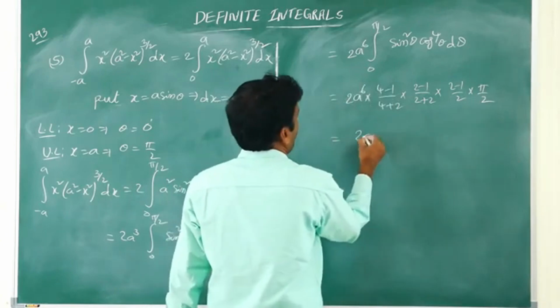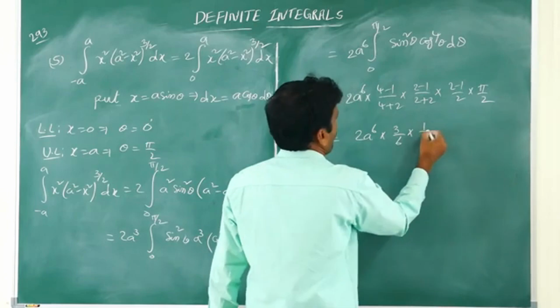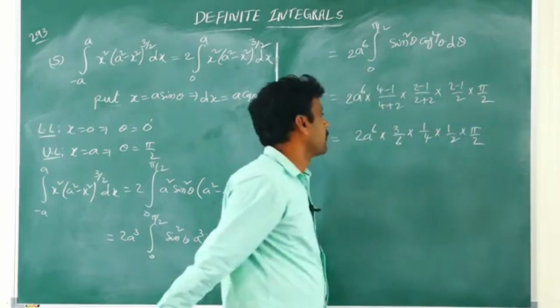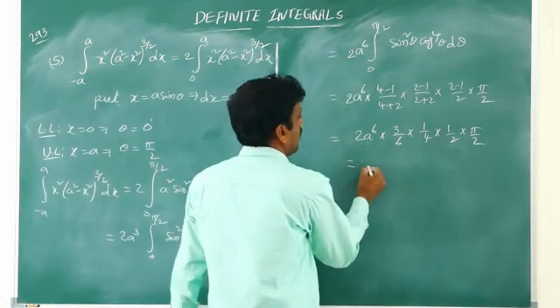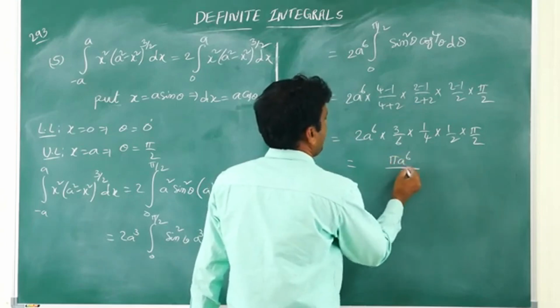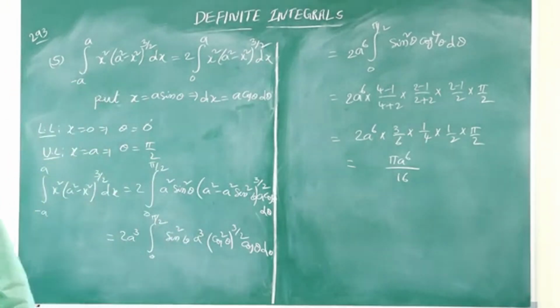That is 2 a power 6 into 3 by 6 into 1 by 4 into 1 by 2 into pi by 2. The 2 times 2 cancel, that is pi a power 6 by 16.